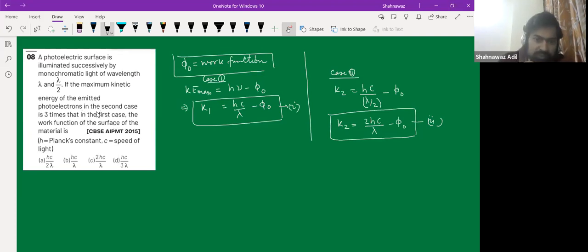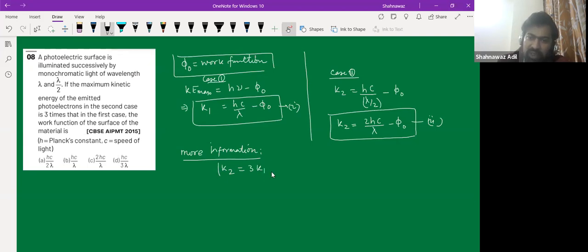Kinetic energy in the second case, that is 3 times the first case.